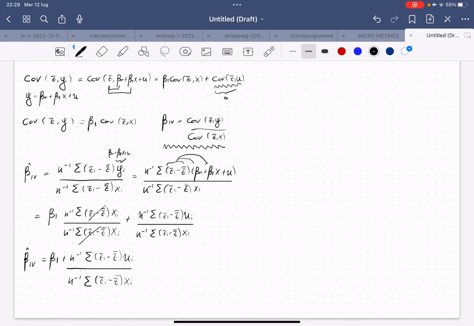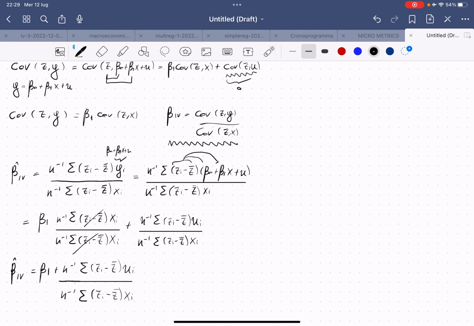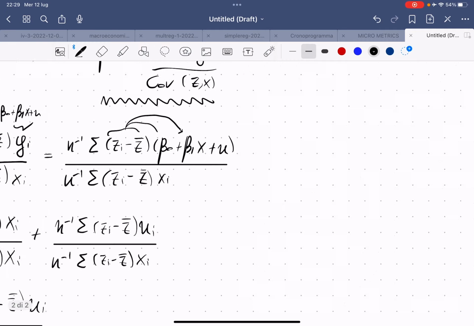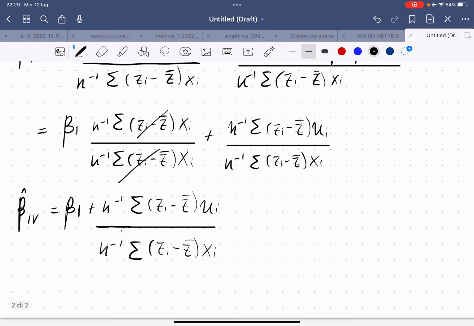Now we want to see why our assumptions are crucial for a consistent estimate of beta 1 with instrumental variables. When we want to analyze whether our estimator is consistent, we must take the probability limit of our estimator.